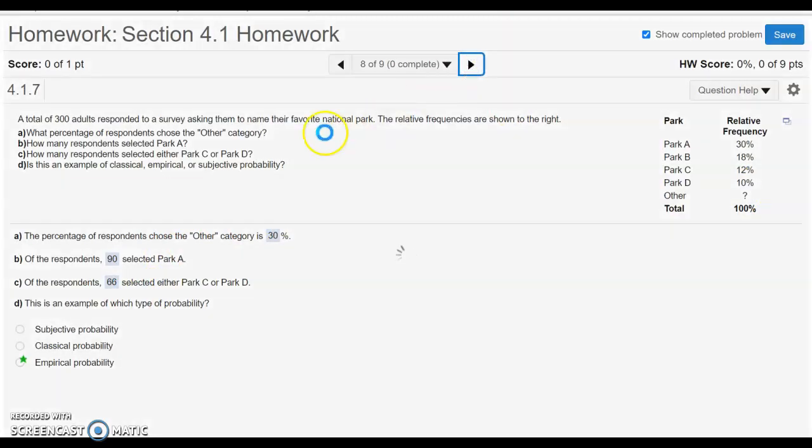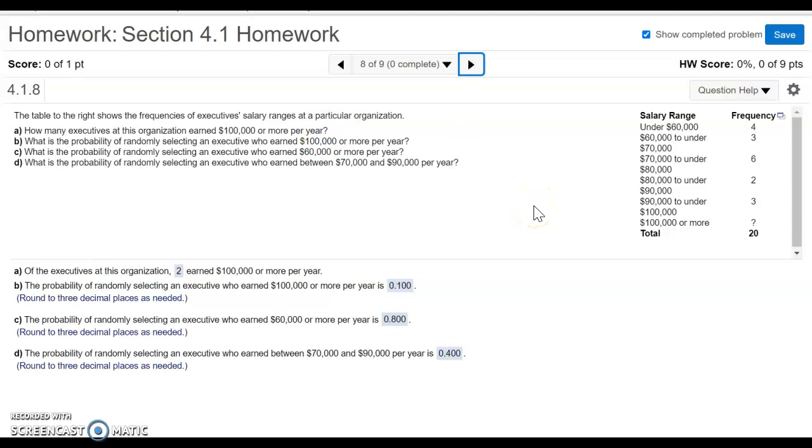Okay, let's look at the last one here. The table to the right shows the frequencies of executive salaries at a particular organization. We want to know how many execs at this organization earned 100,000 or more per year. The total is 20 for the frequencies, and we have 18 already, so this would have to be 2 in order for it to add to 20.